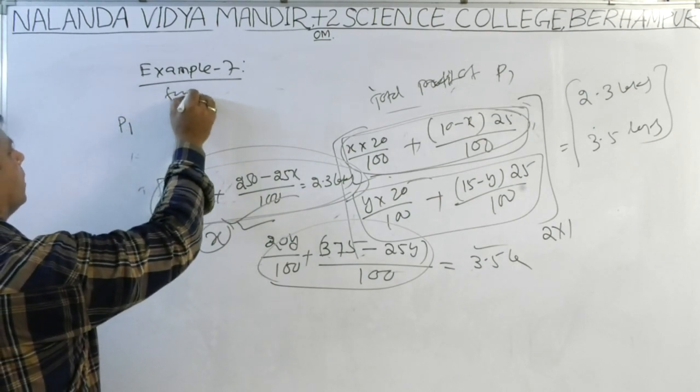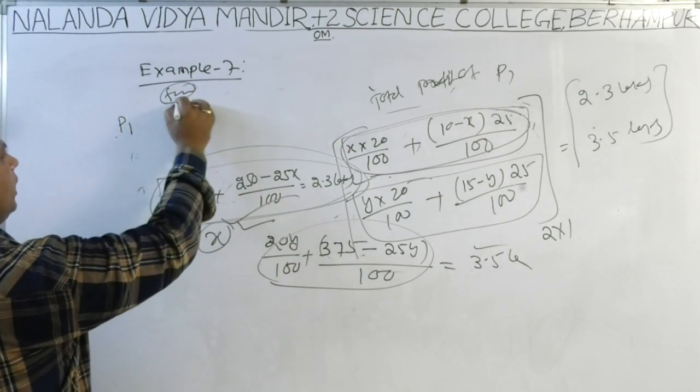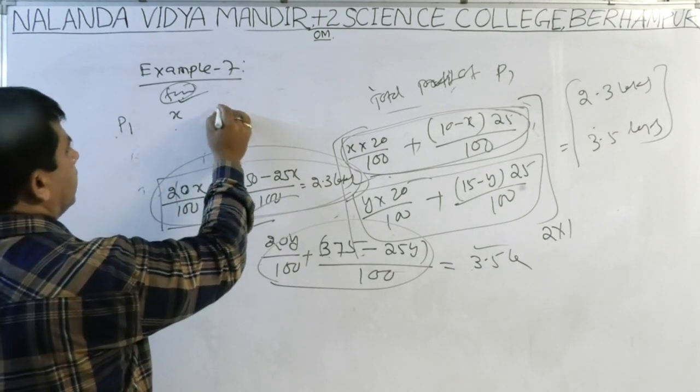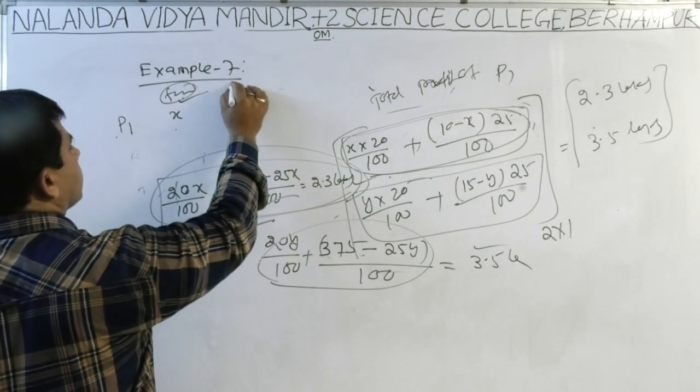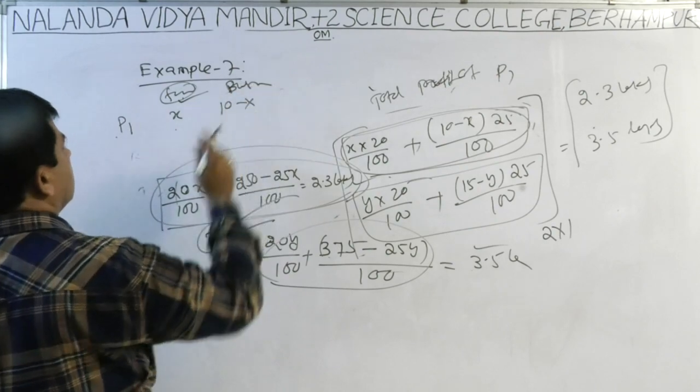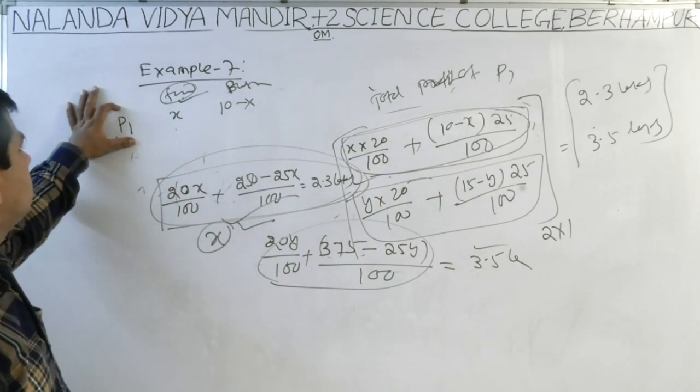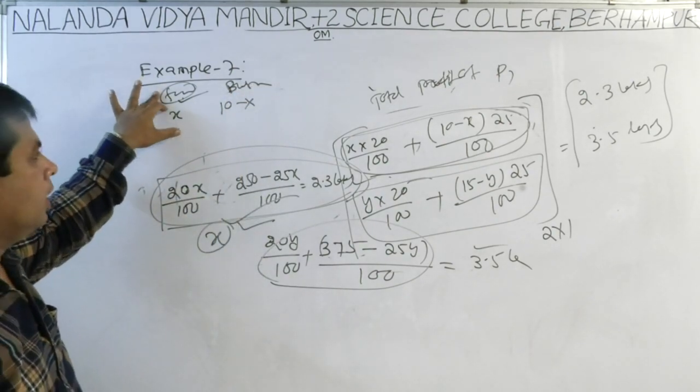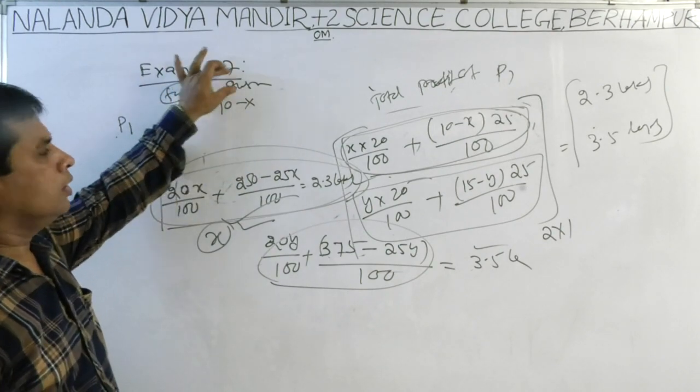X is P1's investment in farming, and 10 minus X is the investment in business. Therefore, P1 invests X amount in farming and 10 minus X lakhs in business.